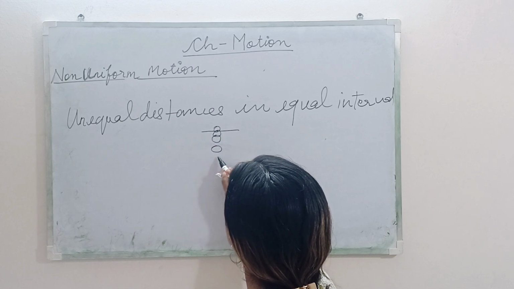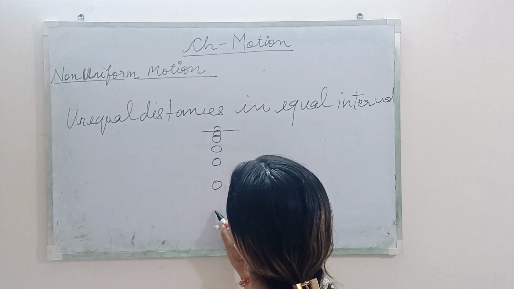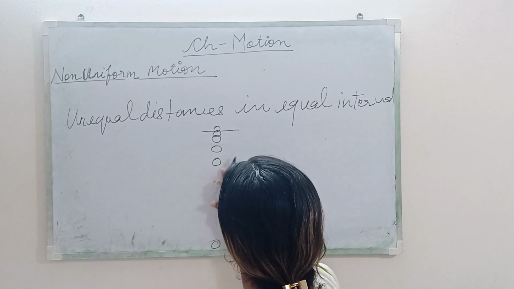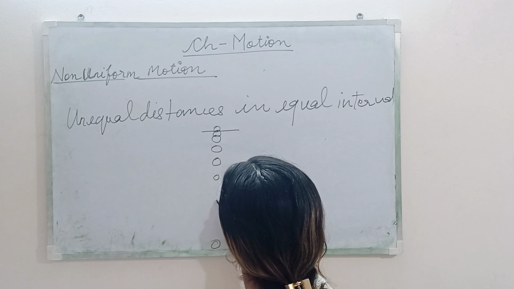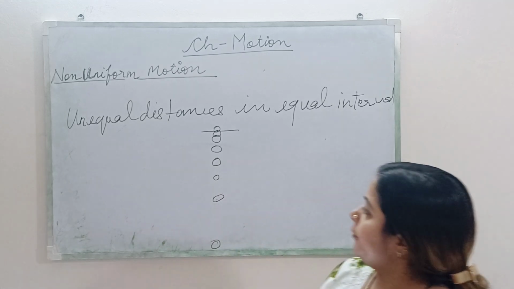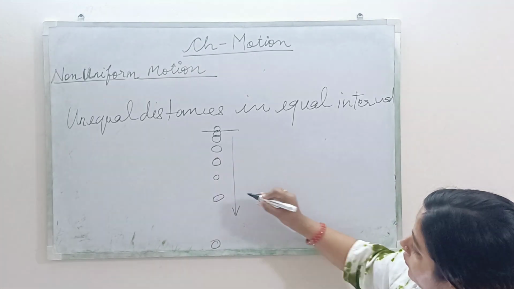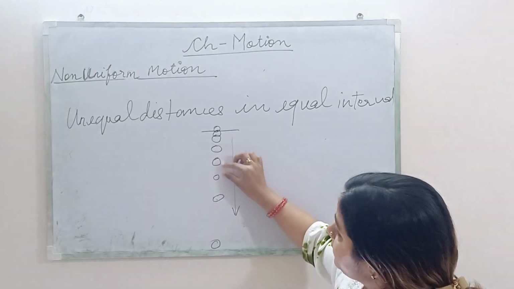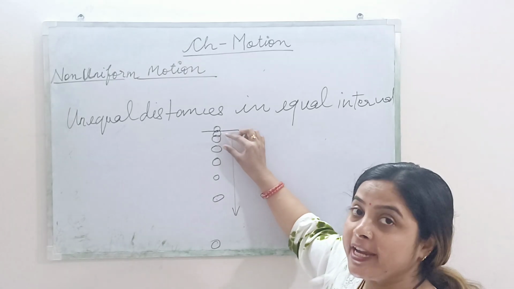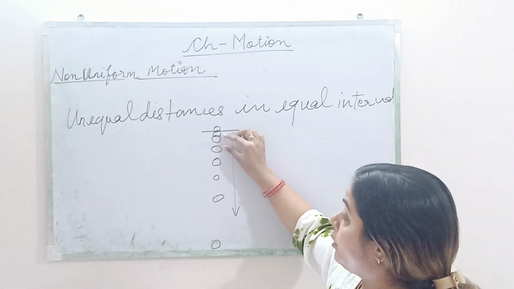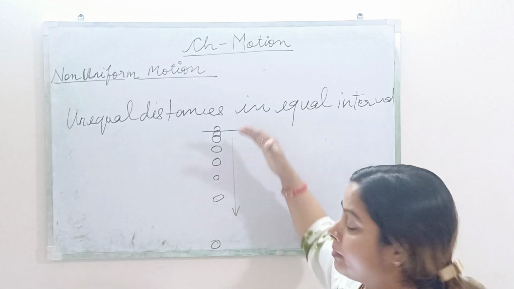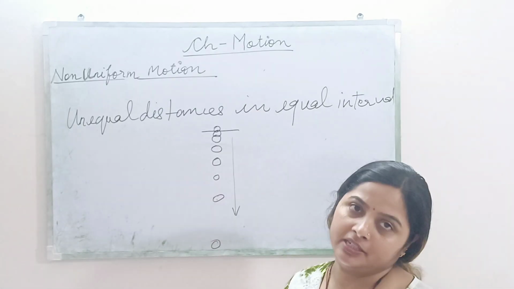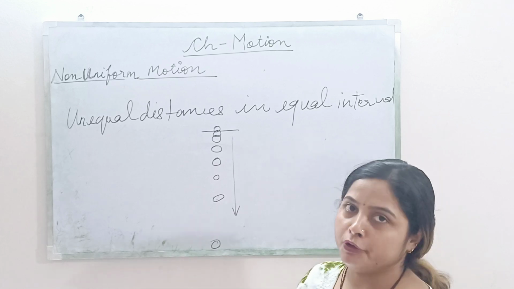So what will happen children? Initially, in initial seconds, in initial interval of time, the ball will cover lesser distance. But as it moves downwards, it will cover a larger distance in each equal second. So this is the example of non-uniform motion.